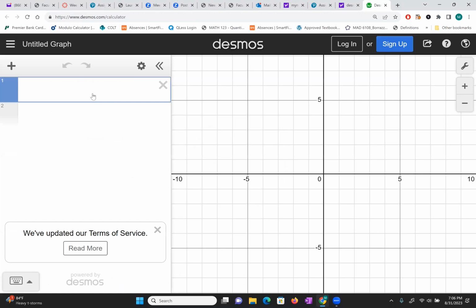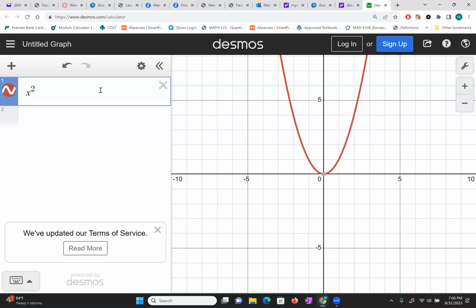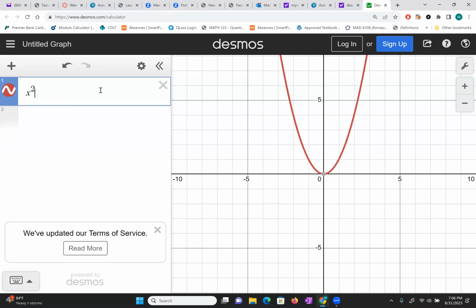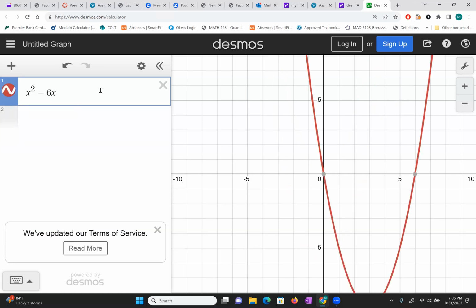So we know that we talked about this, by the way. We said x minus 3 squared, which we know is x squared, in this case minus 6x, and then plus 9.